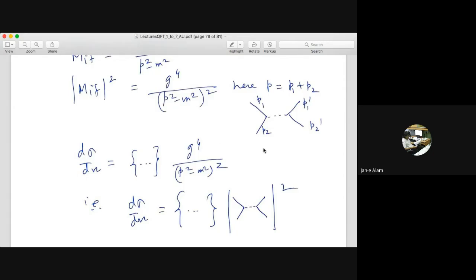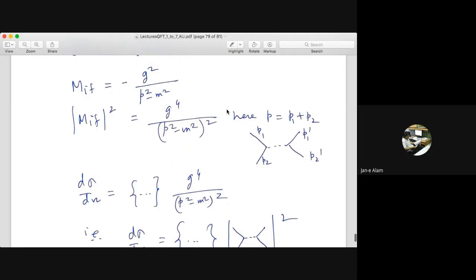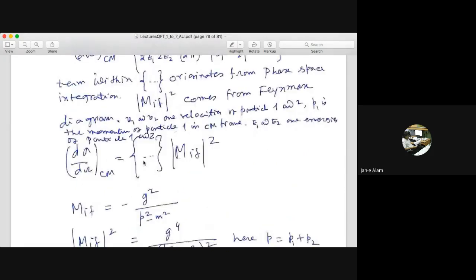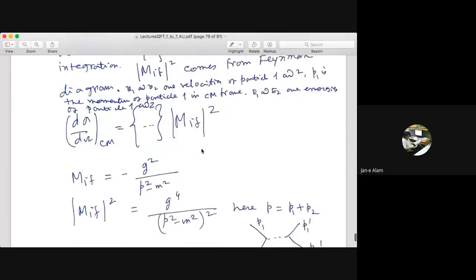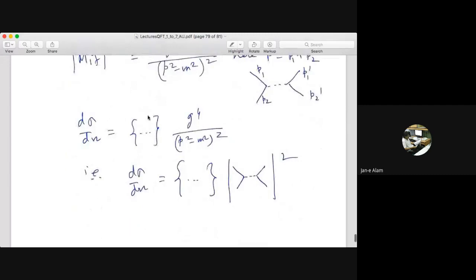So dσ/dΩ: something which is within the curly bracket is coming from the phase space, the kinematics, and this is the dynamics coming from the Feynman diagrams. So dσ/dΩ is this phase space times the quantity coming from the Feynman diagram.